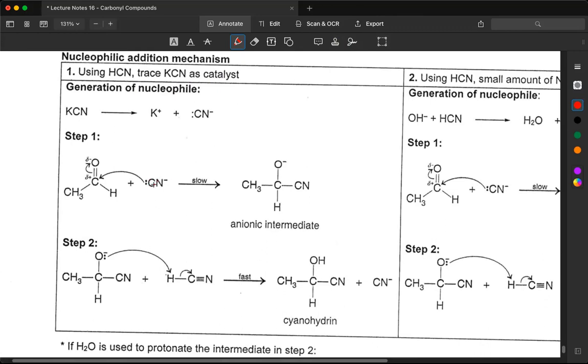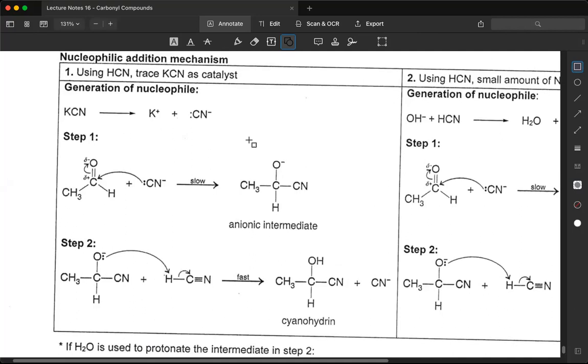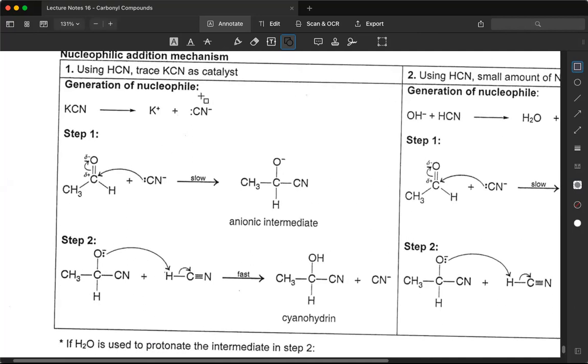Your CN- is attracted to the carbonyl carbon, which is positive. CN- is a nucleophile generated from the dissociation of KCN, and it will attack this carbon.